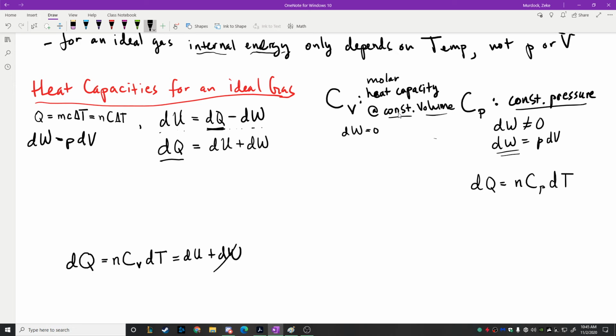But the difference is that this is 0. And this one is equal to du plus dw, but dw is bigger. Zero versus something. So this means that basically CP is going to be greater than CV.